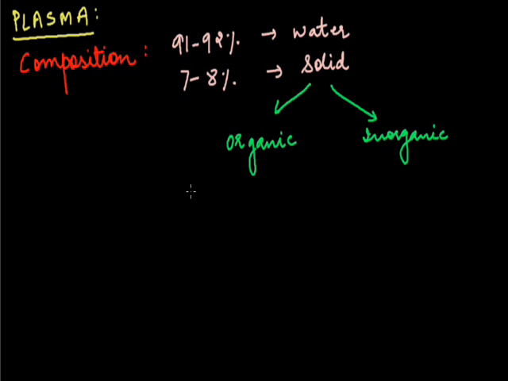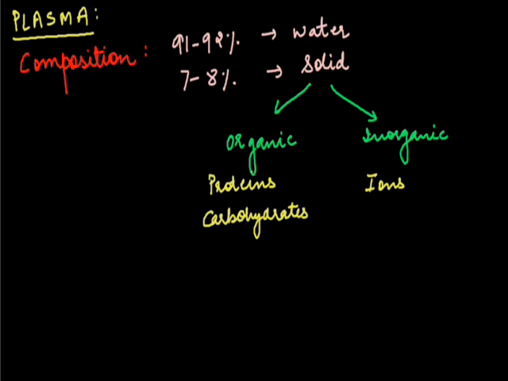The organic portion is mainly made up of proteins, carbohydrates and clotting factors, whereas the inorganic portion mainly contains ions, that can be sodium, potassium, chloride, etc.